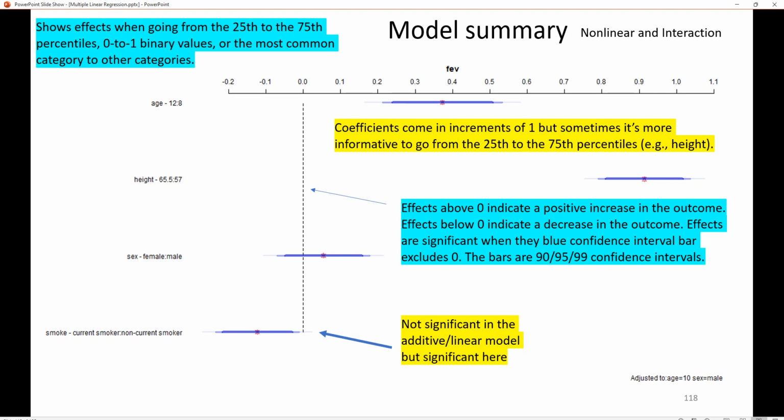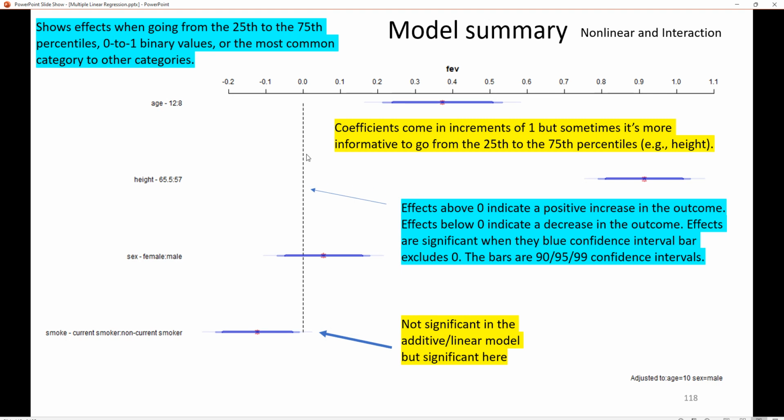Height can range from a very low number to a higher number in inches. These are young children to early adults. So there's going to be a broad range in those values in inches. So an increment of 1 may not be as informative as saying what it's like when you go from the low end to the high end in terms of height.